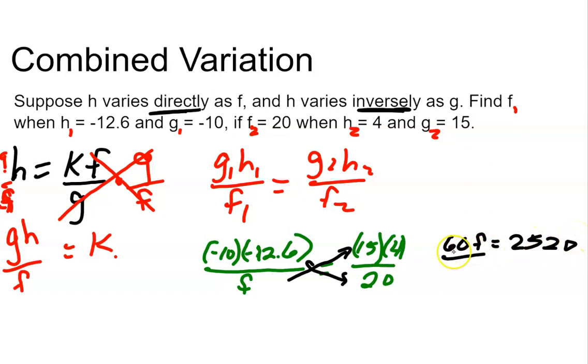To get F by itself, I'm going to divide everything by 60, and I get F is going to equal 42. So that is how you can use the different formulas to find variation problems.